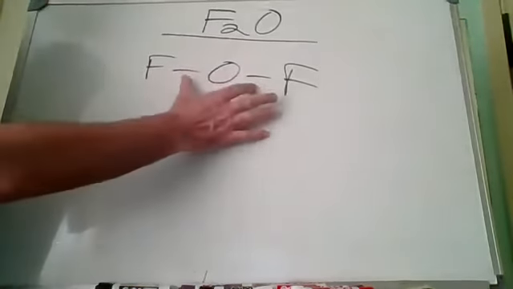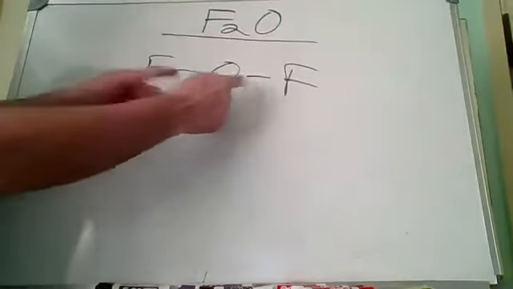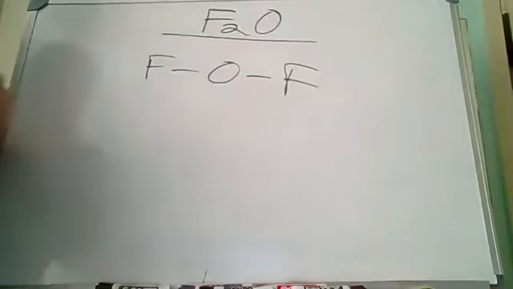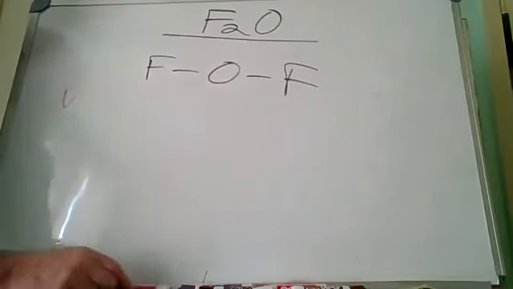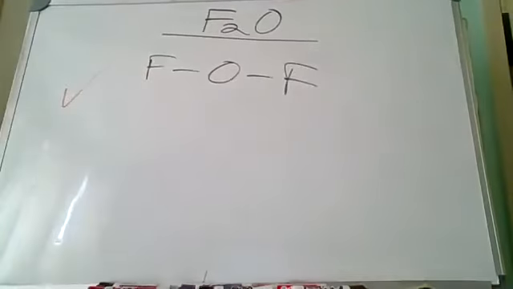Oxygen needs to make 2 bonds, fluorines need to make 1. This structure is correct. Any questions or comments? I'm just going to forge ahead since nobody ever asks or makes a comment. But if you have one, as you well know, just speak up.